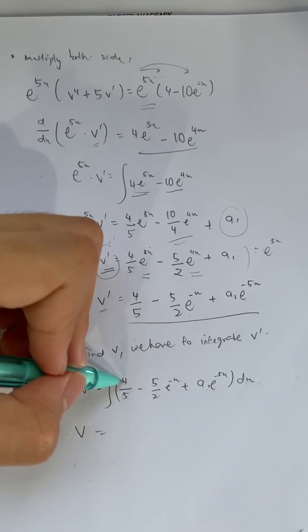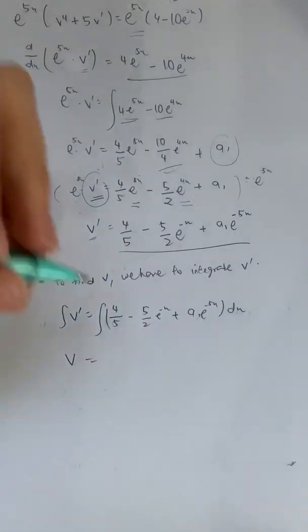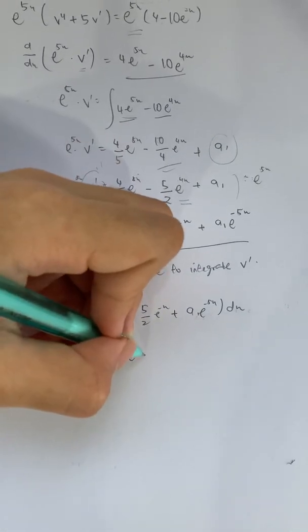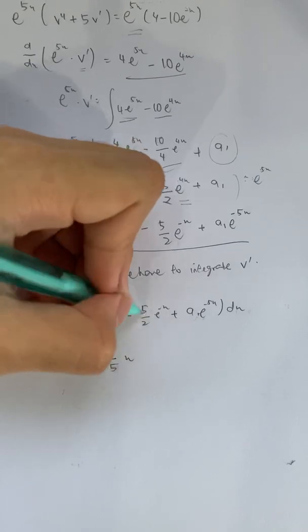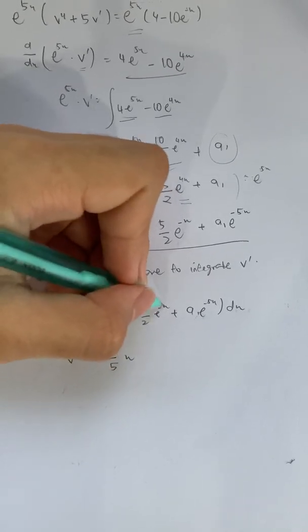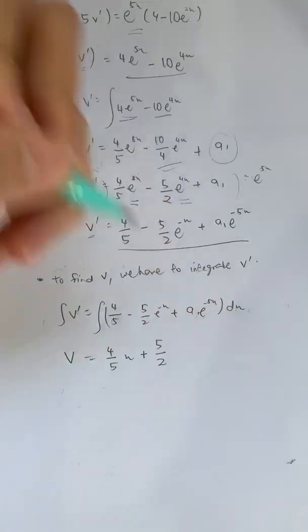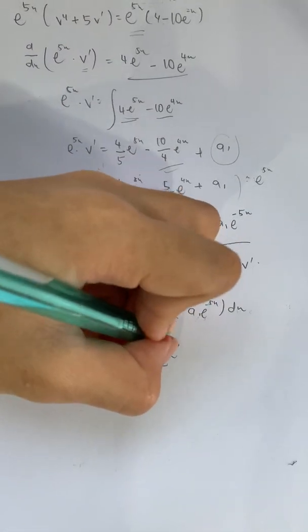So we integrate 4 over 5, we get 4 over 5x. Then negative 5 over 2 exponential negative x, we integrate this, we get positive 5 over 2 exponential x.